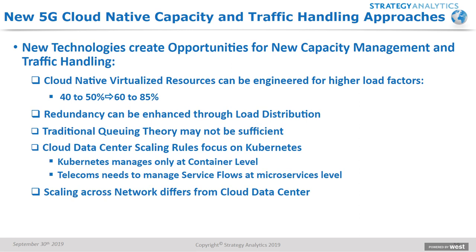But within the telecoms network, we need to manage very often at the microservices level and distribute microservices across containers or instantiate new containers, depending on the microservices load. So another level of complexity is added by the network. And finally, the scaling requirements of the network are going to be significantly larger than those of the cloud data center. So there's some really tough problems here.